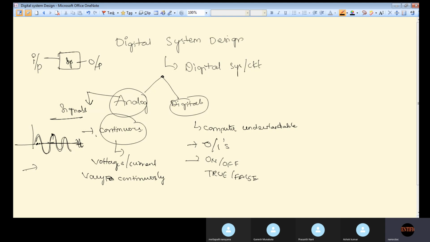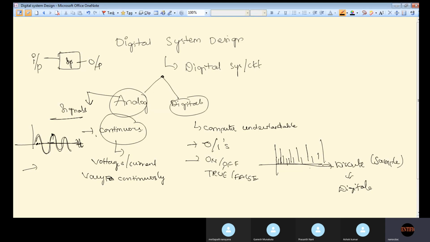This is the analog signal, and coming to the digital signal, it will be discrete. We will be having samples only. From discrete only we will be obtaining digital. Discrete means nothing but samples.